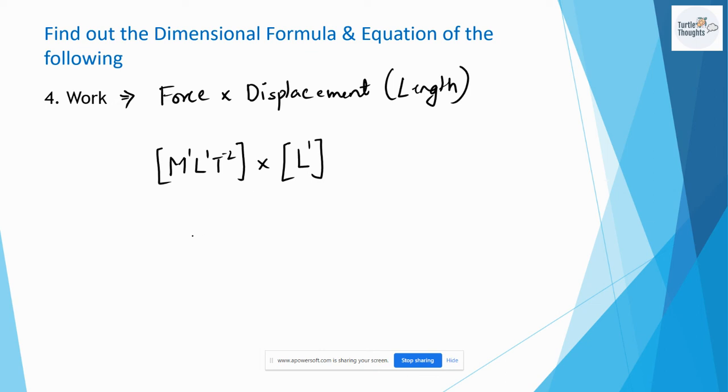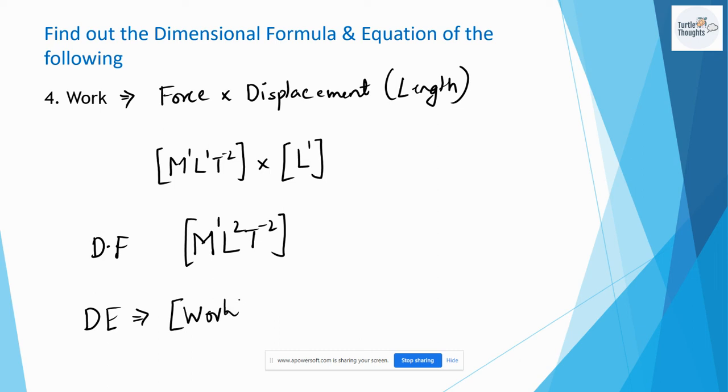So I can write this as M to the power 1 L to the power 2 T to the power minus 2. This is going to be the dimensional formula for work. However, the dimensional equation for work, I can write like this: work is equal to M1 L2 T to the power minus 2.